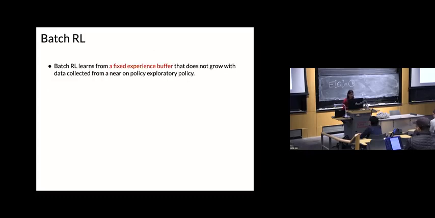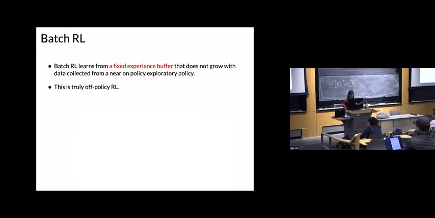So batch RL, we consider the following setup. So let's all focus now to understand the setup. I'll give you a fixed experience buffer, which you did not collect, okay? And it will not grow with data, and you should be able to learn a policy out of it.